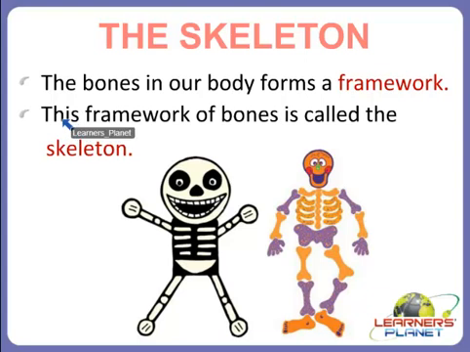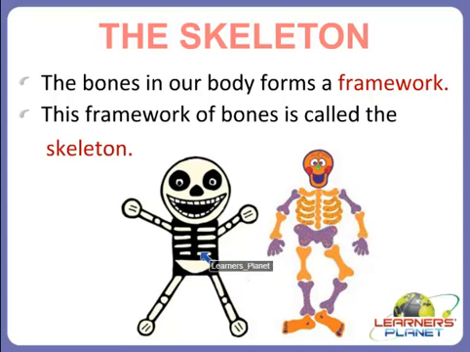So this framework of the bones of the human body is called the skeleton. So what does the skeleton do to our body? It gives the shape and support to our body.